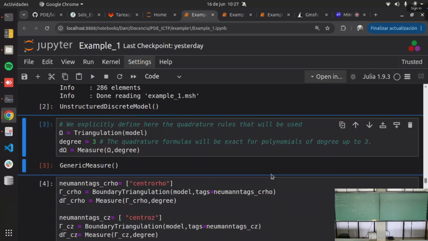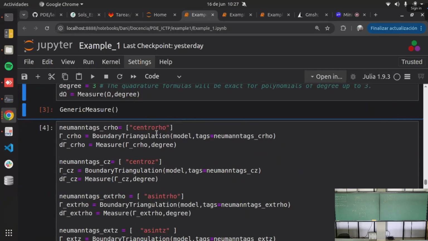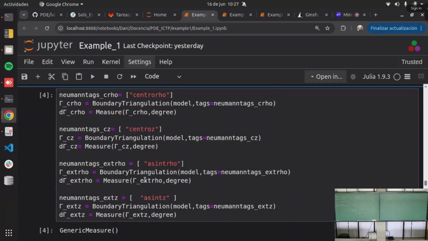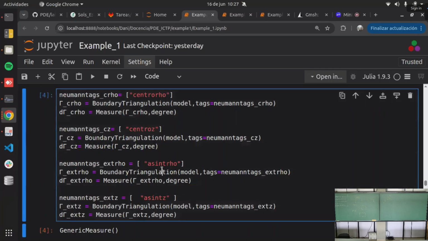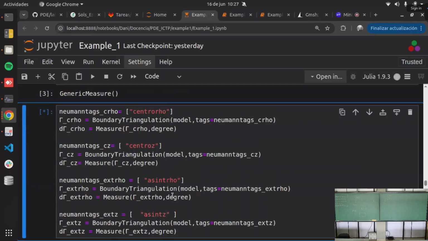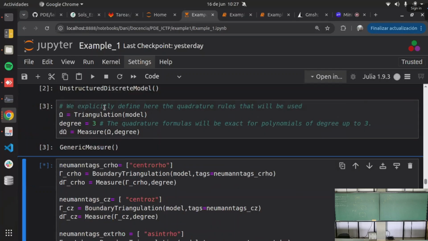After that, we have to tell the triangulation for the boundary. So we have the boundary of 0, 0 rho, and 0 zeta. That will be gamma 1 and gamma 2. And after that, the asymptotic conditions, gamma 3 and gamma 4, with the same degree as our triangulation of the complete square.